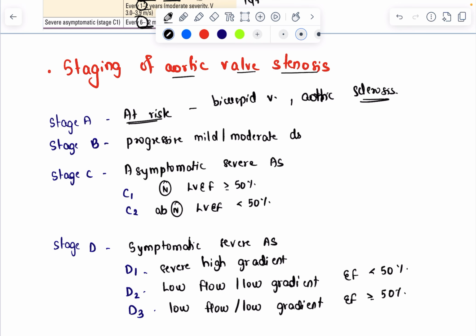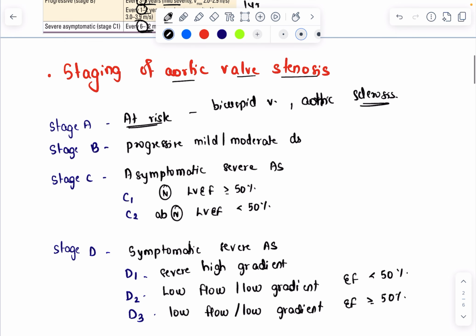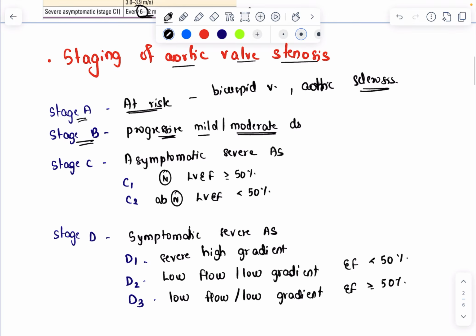So if in the question the patient has aortic sclerosis, the patient is in stage A, that is, at risk of developing aortic stenosis. Then stage B is defined as progressive mild to moderate disease, stage C is asymptomatic severe aortic stenosis, and stage D is symptomatic severe aortic stenosis.